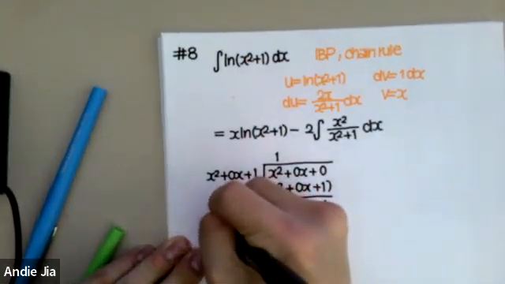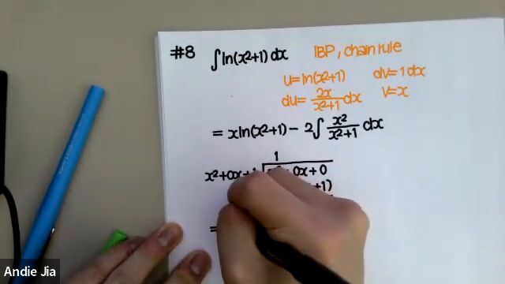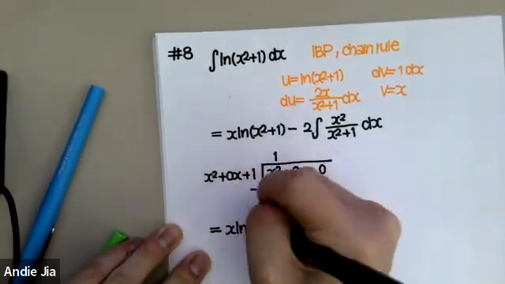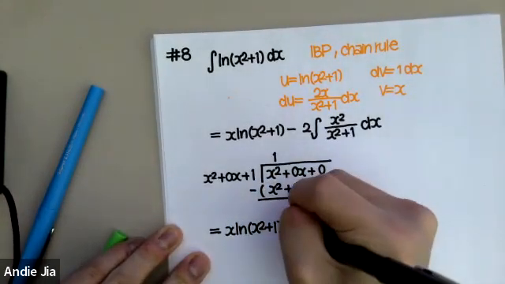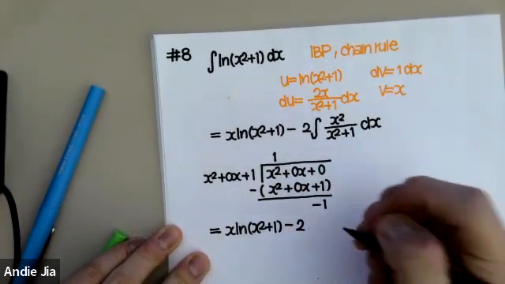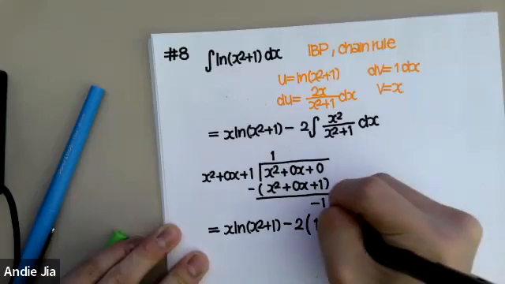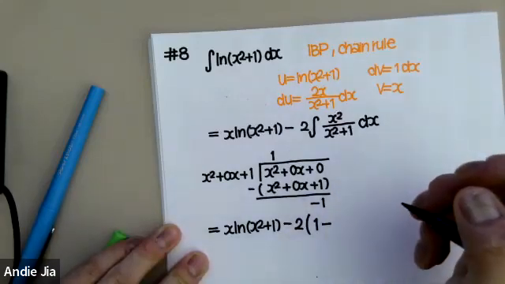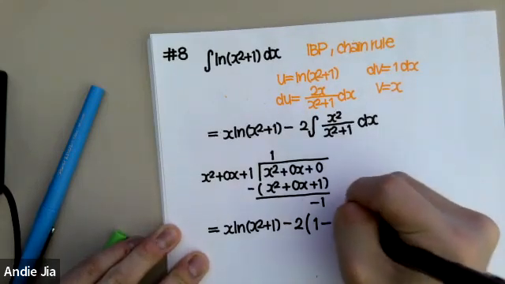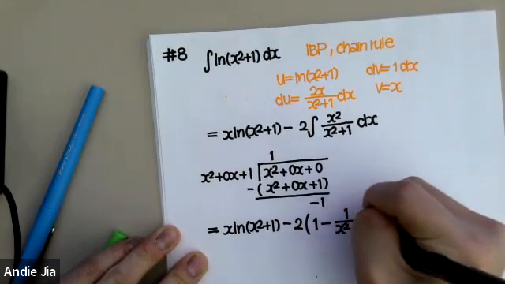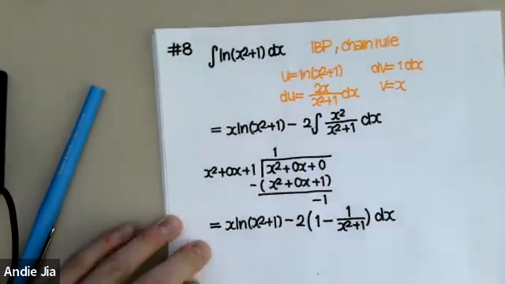Just leave this unchanged. This is an indefinite integral, so there's no u-substitution here. Minus 2 times the integral of 1 minus 1 over x squared plus 1 dx.